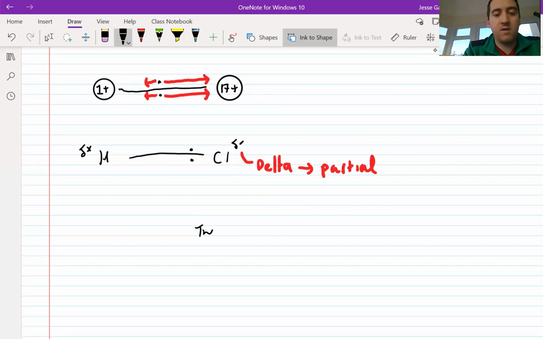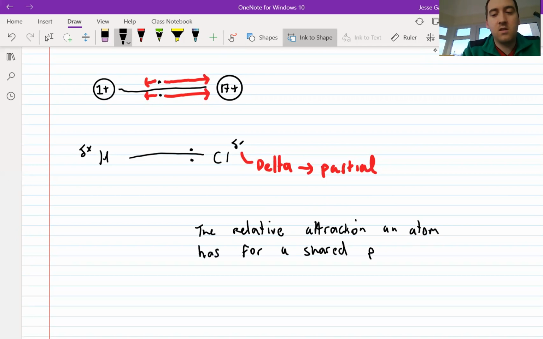If we're talking about the relative attraction, because remember, it's compared to each other, the relative attraction an atom has for a shared pair of electrons in a covalent bond.